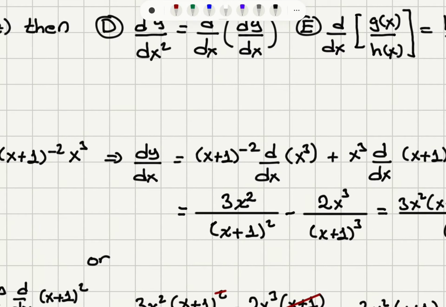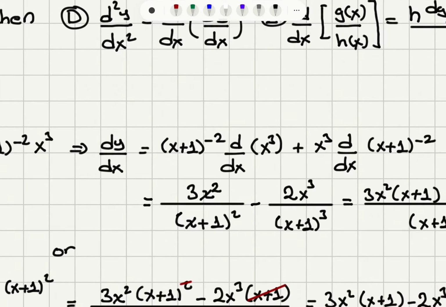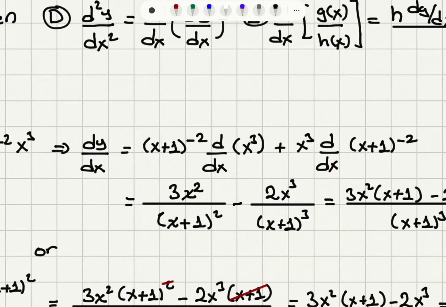The derivative of x cubed with respect to x is 3x squared, multiplied by (x plus 1) to the power minus 2, that's (x plus 1) squared in the denominator. And then I have x cubed times the derivative of (x plus 1) to the power minus 2, that is minus 2 (x plus 1) to the power minus 3, which is minus 2 over (x plus 1) cubed, times x cubed.